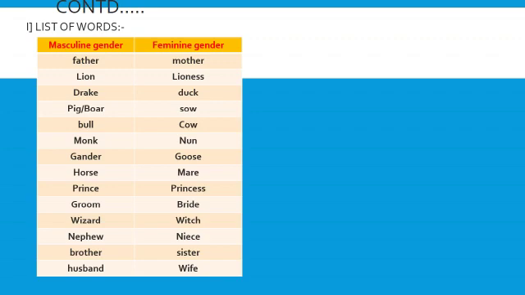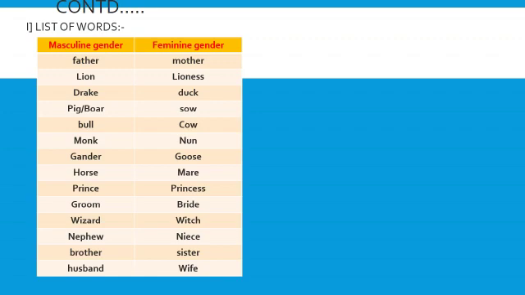The other one is mother. Mother is the feminine gender. Lion, lioness. Drake, duck. Pig or boar, the female is called a sow. Bull is a male and cow is a female.